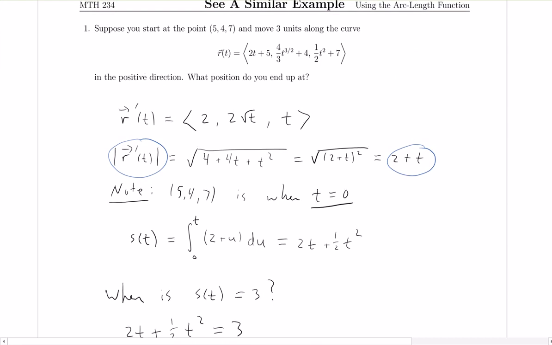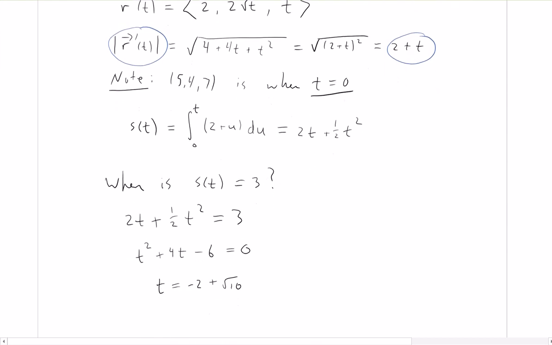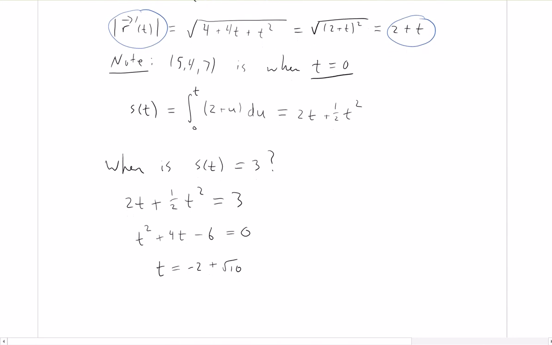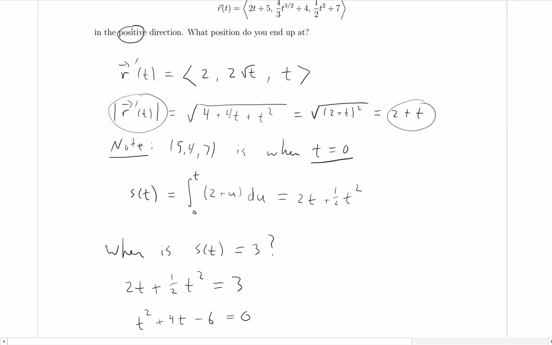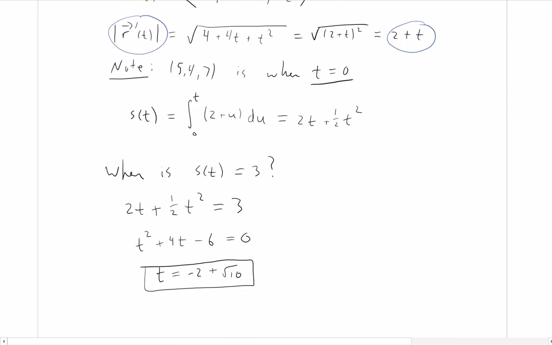Back up in the question, it said moving in the positive direction. So we don't want a negative value for t, so we only use the plus sign. And we're almost done now. We've moved 3 units along the curve when t equals the square root of 10 minus 2.